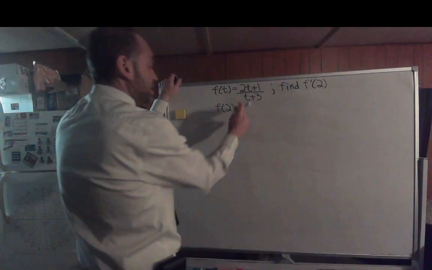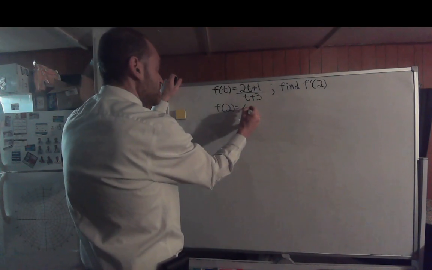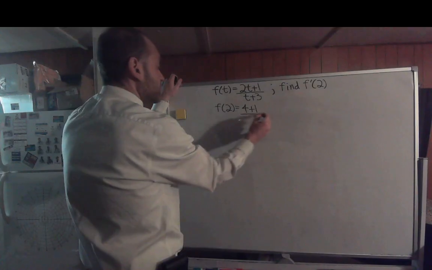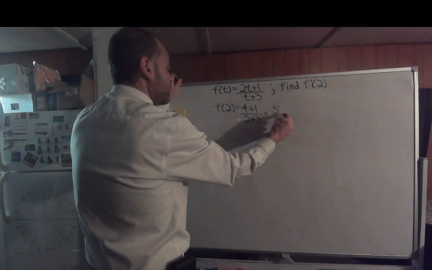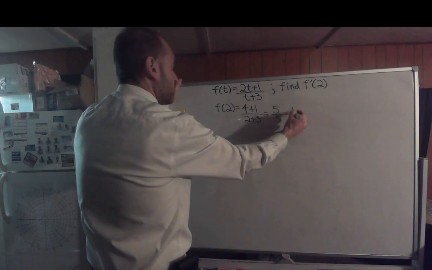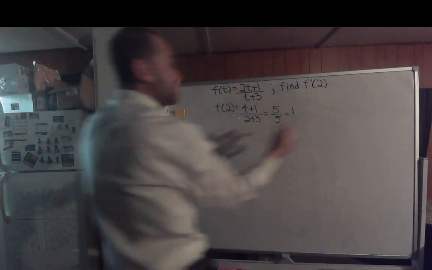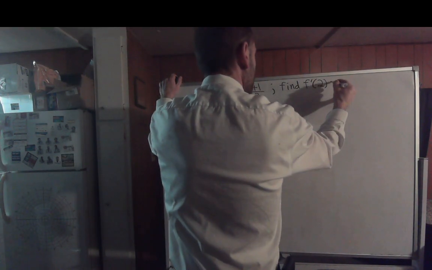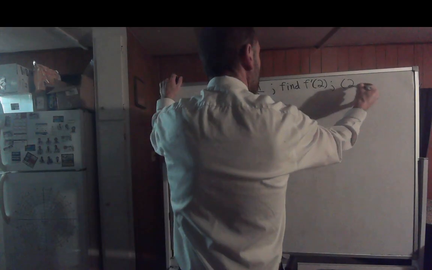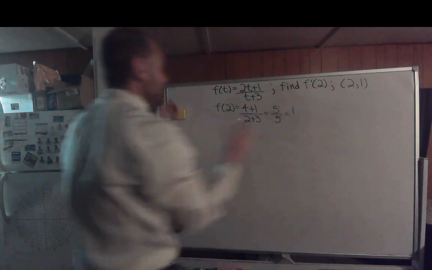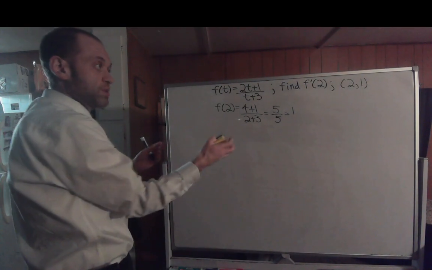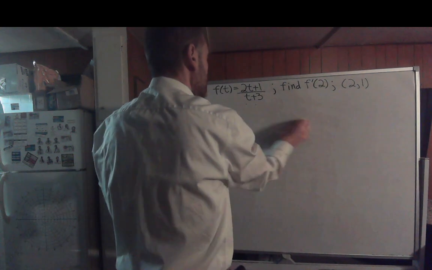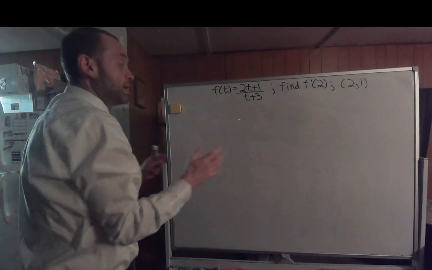That's going to be 2 times 2 is 4, so you have 4 plus 1 all over 2 plus 3. That gives you 5 over 5, or 1. So f of 2 equals 1. This would end up being at the point (2, 1). So that's where we want to find the derivative, or the slope of the tangent line, or the instantaneous rate of change at the point (2, 1).